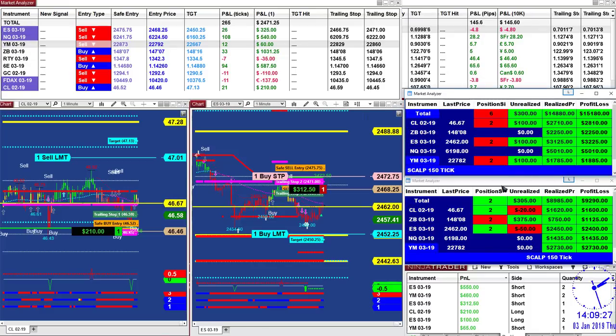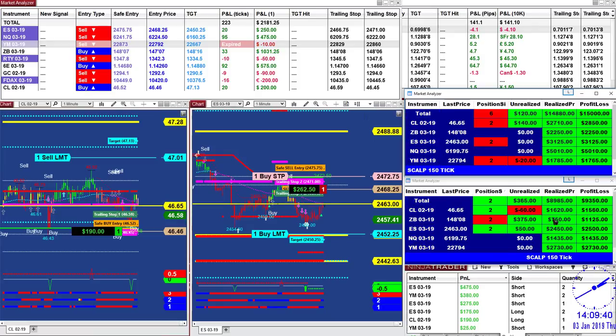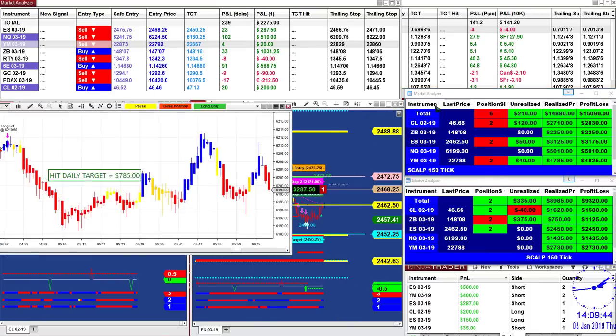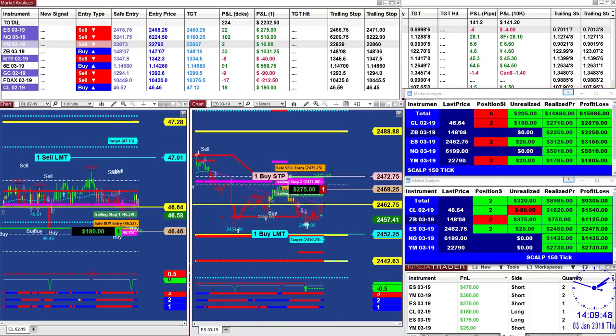We are running the scalpers, as you see, 150 ticks A scalper and 150 ticks B scalper. On the NT7, I don't have a daily target on it. I'm just letting them run. So the difference between the NT7 and NT8 is on the NT8 I'm using a daily target of 500. On NT7 I'm just letting them run without any daily target.